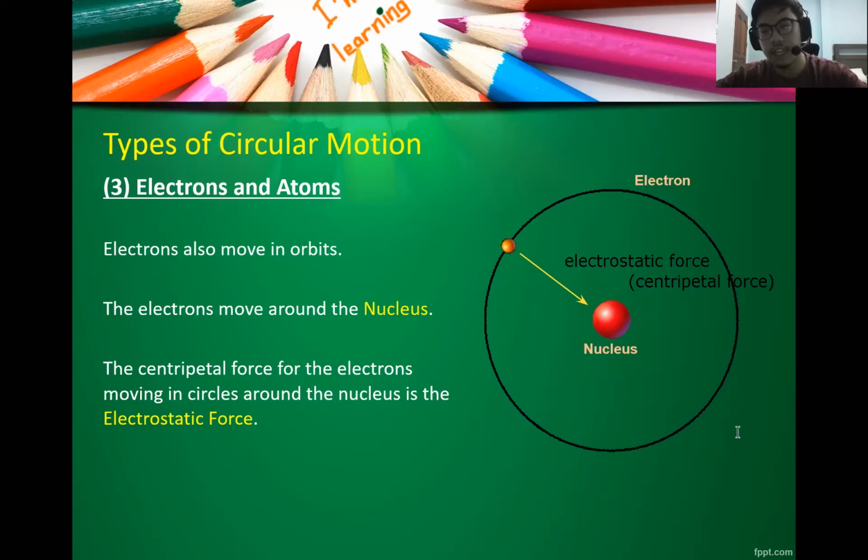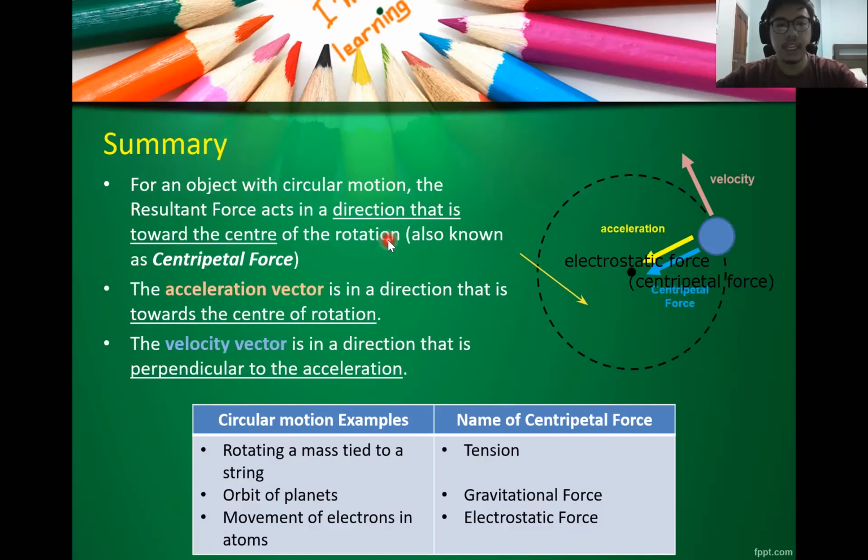If there is an exam question asking what is the centripetal force for an electron in an atom, the centripetal force is the electrostatic force. And that is basically everything that you need to know about circular motion.